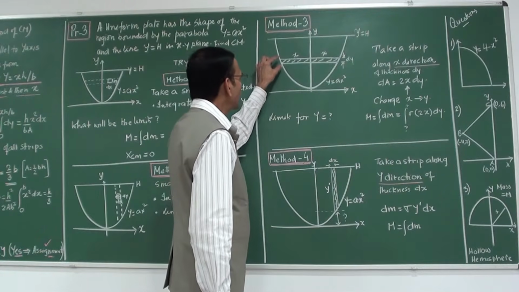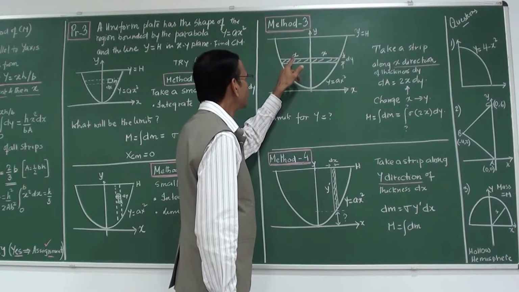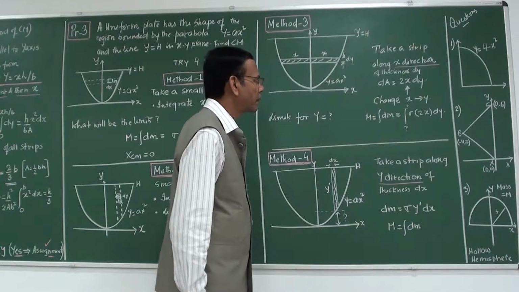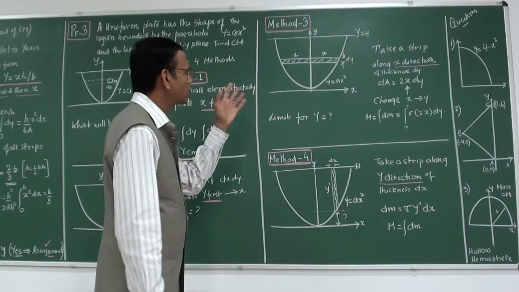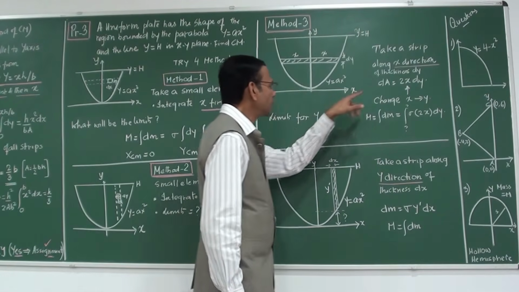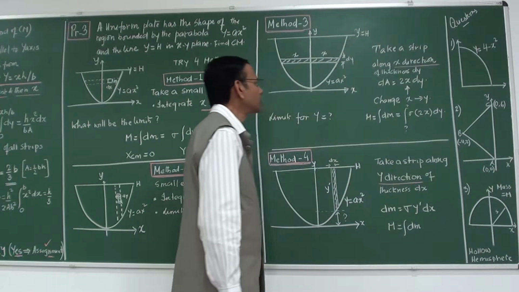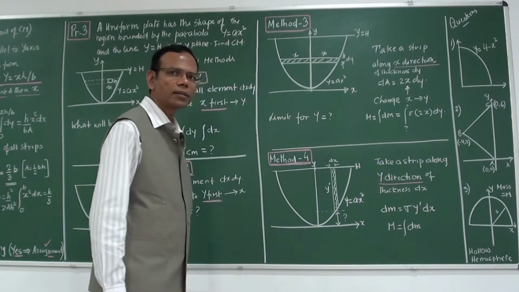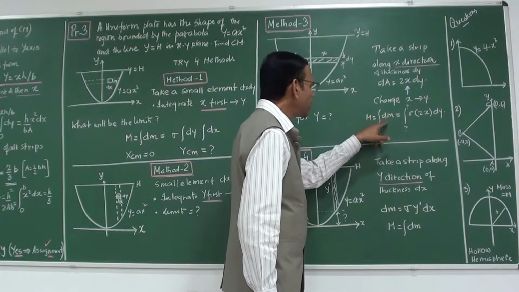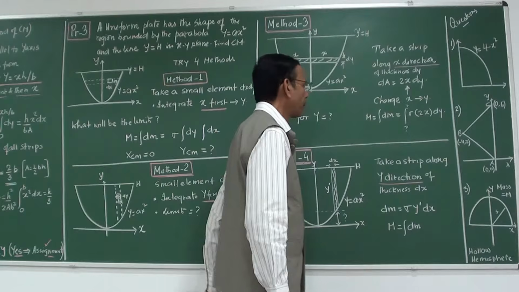So what we do, just like our earlier cases, we take a strip of length 2x and width dy. So we write dA of the strip is 2x dy. Then the dm will be sigma times 2x dy.